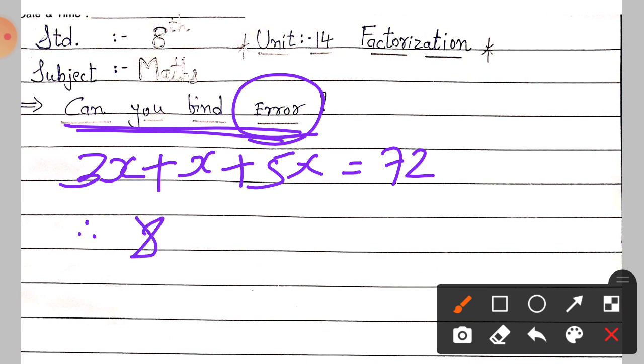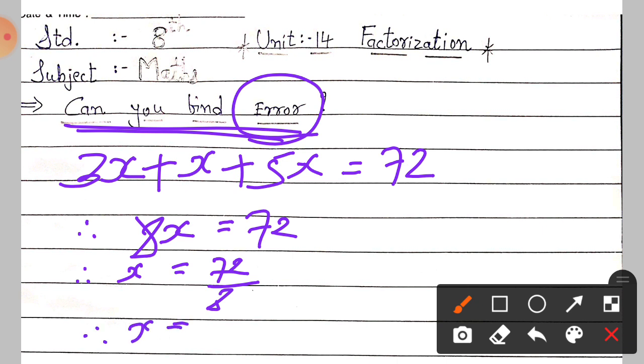Therefore 8x is equal to 72, therefore x is equal to 72 by 8, therefore x is equal to 9. So students, is it correct? No, because she didn't add this x in this question.